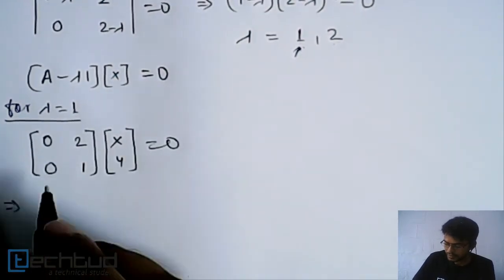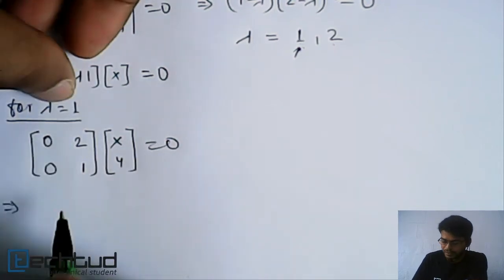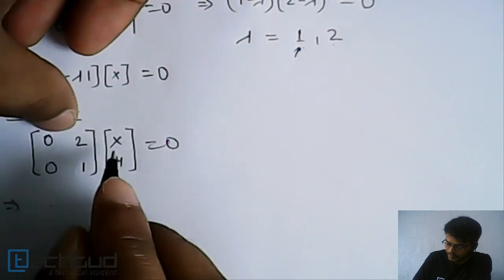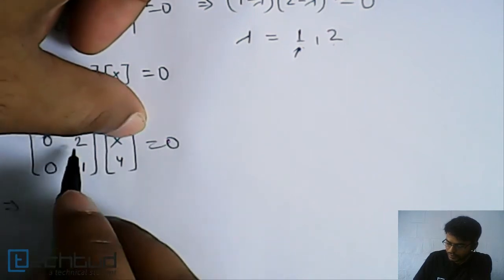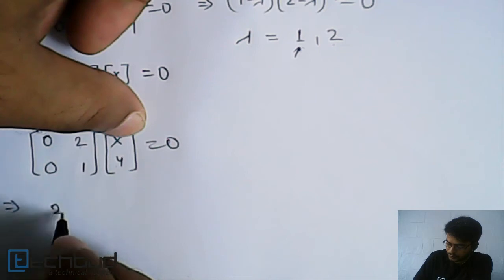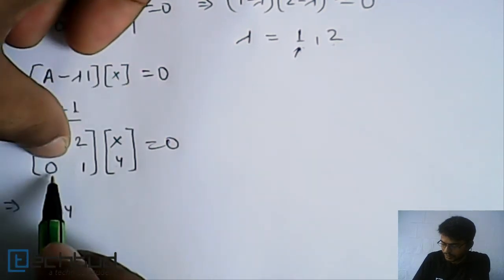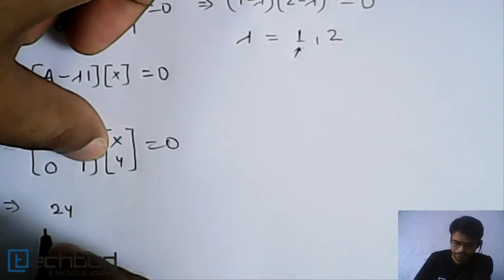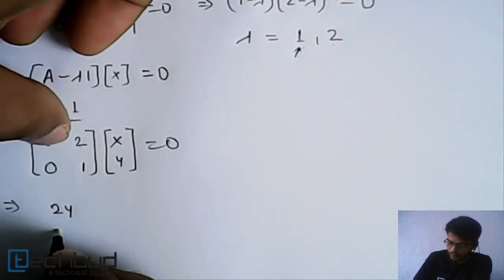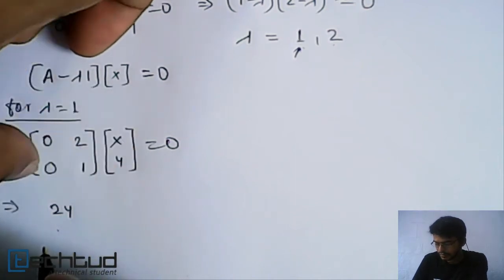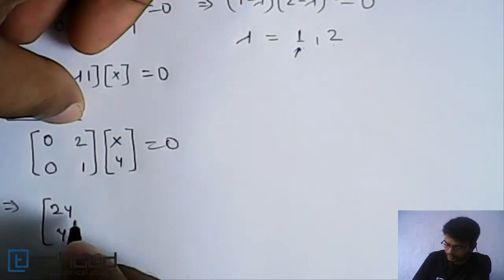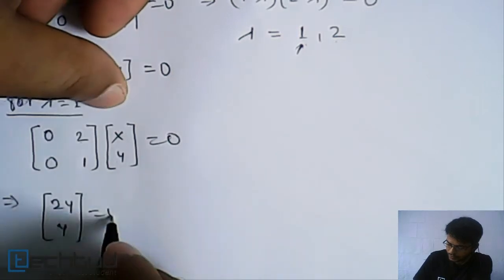Now if we multiply this, from matrix multiplication we know, it will become 0 into x plus 2 into y, so 2y. And then if you multiply this, 0 into x plus 1 into y, so it will become y.